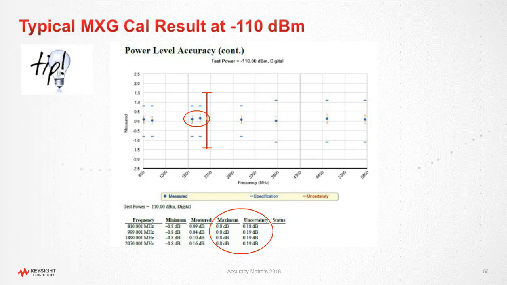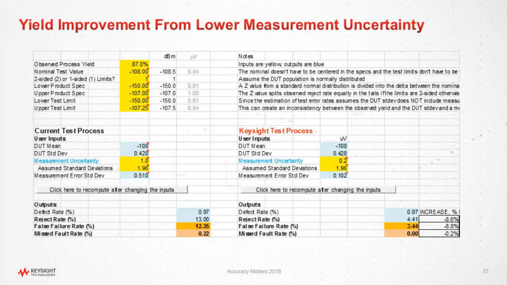They're that good. I'm not going to have time to explain this, but some of our application engineers can do a whole analysis. I did one at this signal level: if you had an uncertainty of 1 dB versus 0.2, your actual false failures could be reduced from 12% to well under 4.